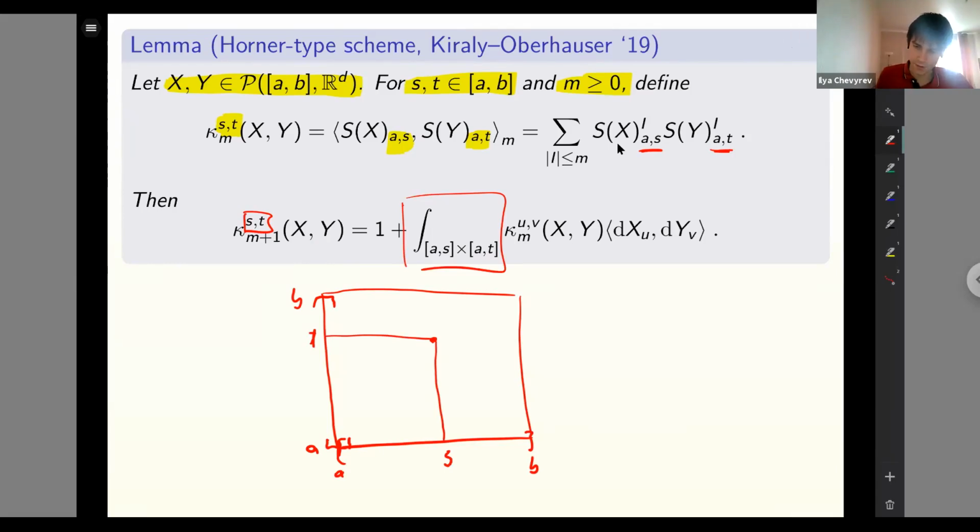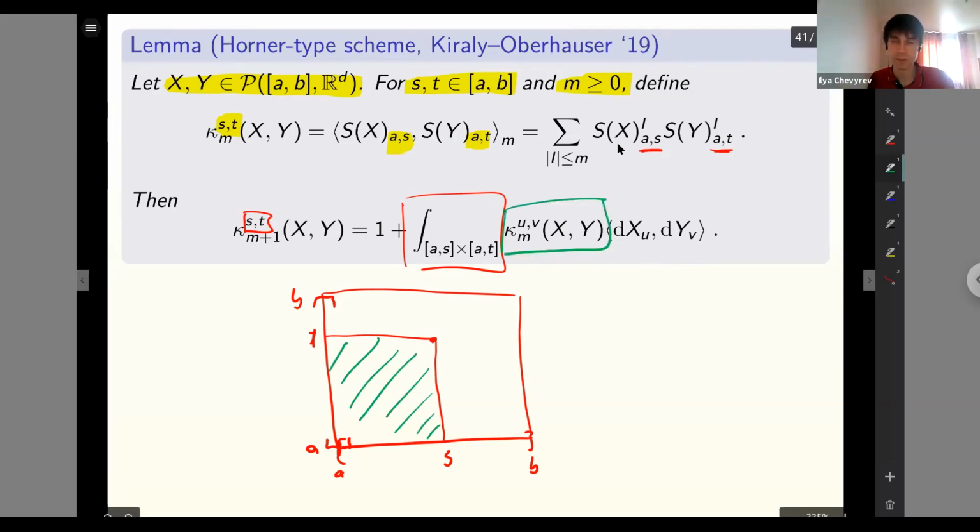Then this integral is over this domain, and I integrate the previous kernel over this domain against this two-dimensional measure. This is nothing but a compact way of writing the sum over i from 1 to d of dx^i(u) dy^i(v), that is, x dot u_i, y dot v_i, du dv.